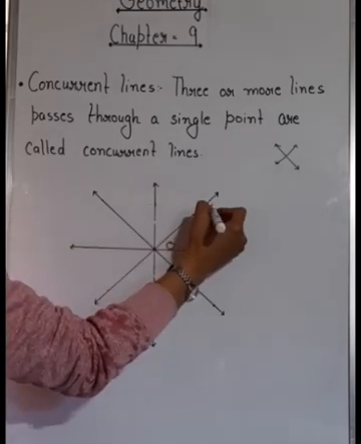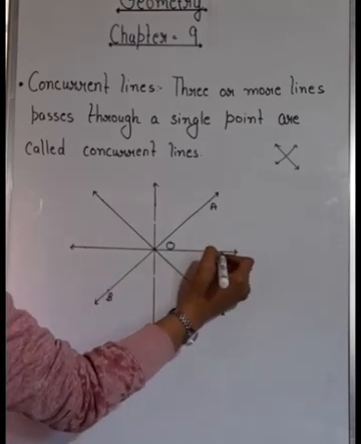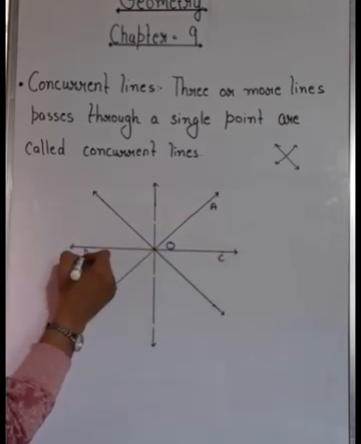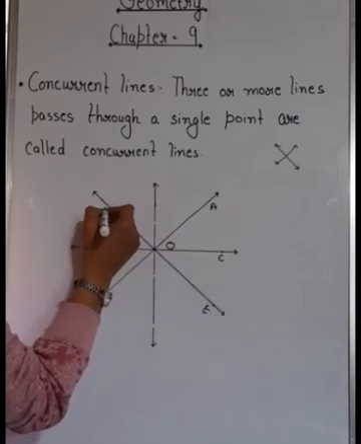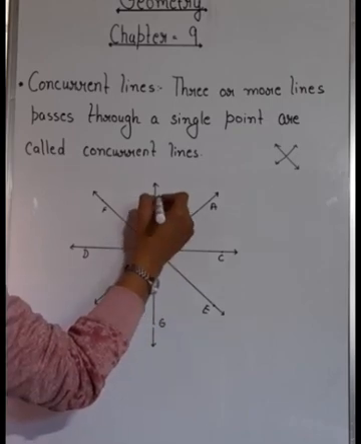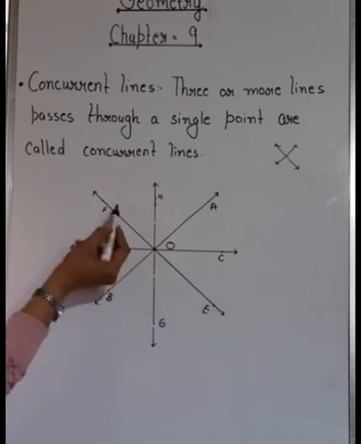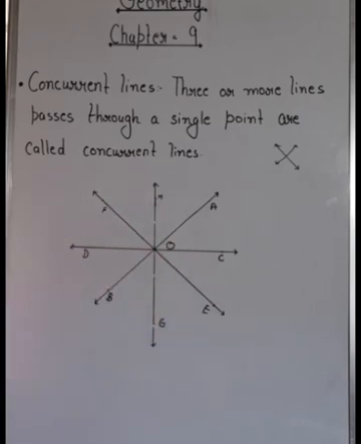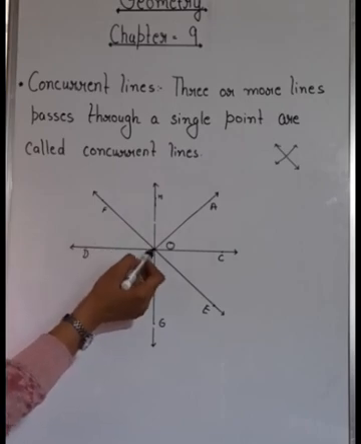If I name them as AB, this one as CD, this one as EF, and this one as GH, you can say that lines AB, CD, EF and GH are concurrent lines. Why? Because they all are passing through a single point.